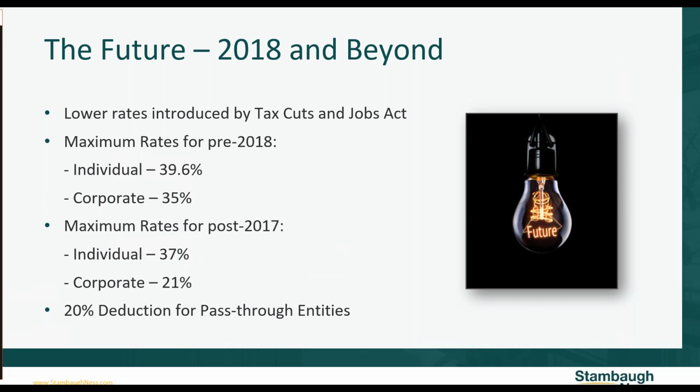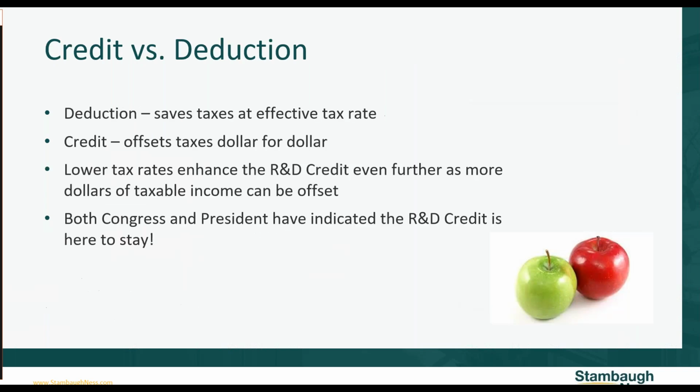So certainly taxes maybe are going down in total, but it's important to realize that the R&D tax credit is just that. It is a credit. It is not a deduction. And the important note on that is credits offset taxes dollar for dollar, whereas a deduction saves you at the effective tax rate.